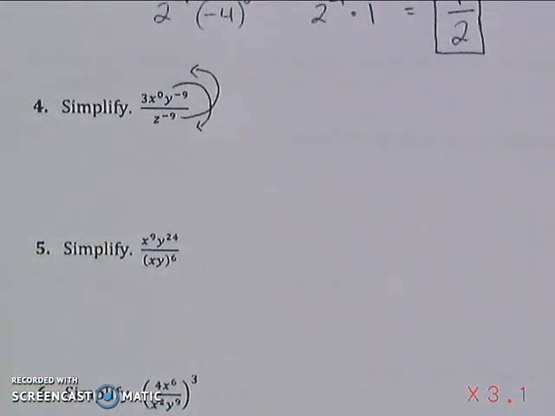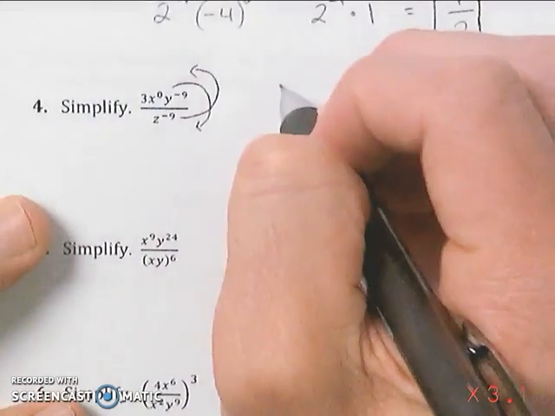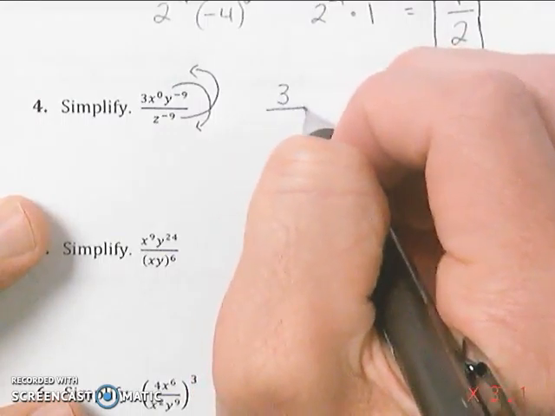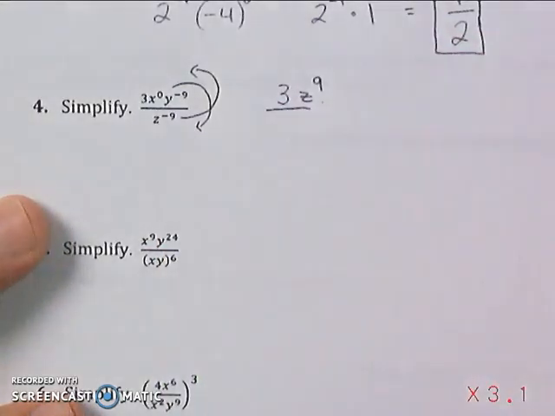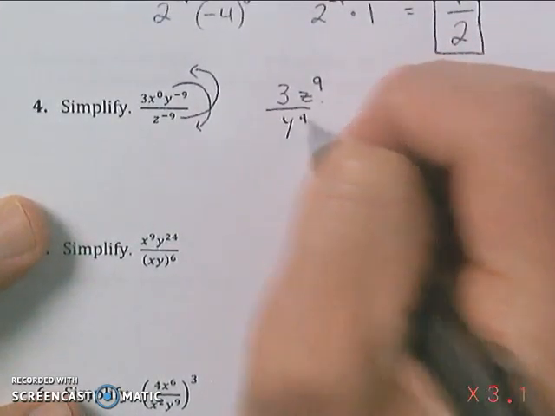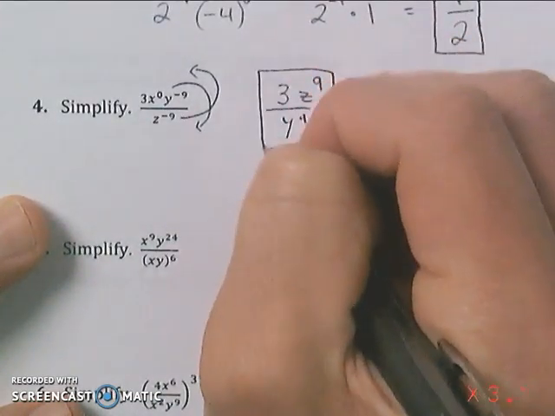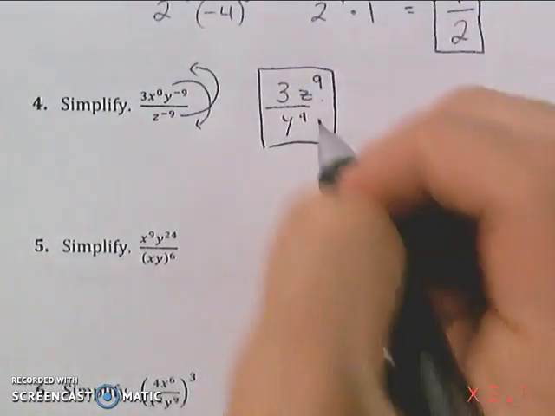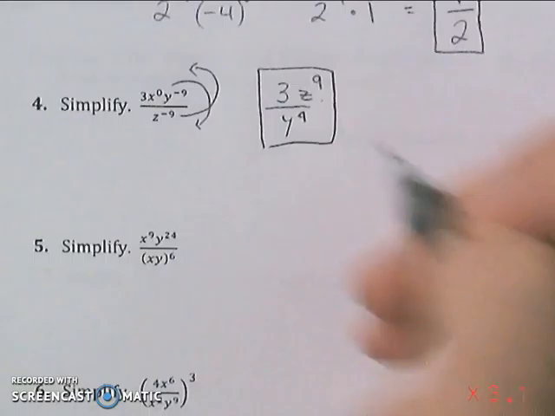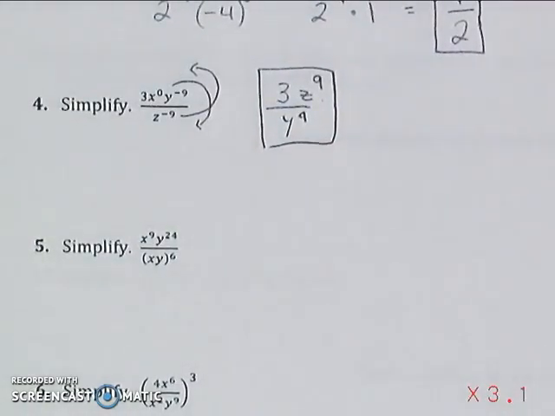The x to the 0 power is going to go to 1, so basically it doesn't really do anything. I get 3. The z is going to come upstairs, and the y is going to be downstairs. That's a 9. Doesn't look like 1 up there, but it is. Questions on 4?